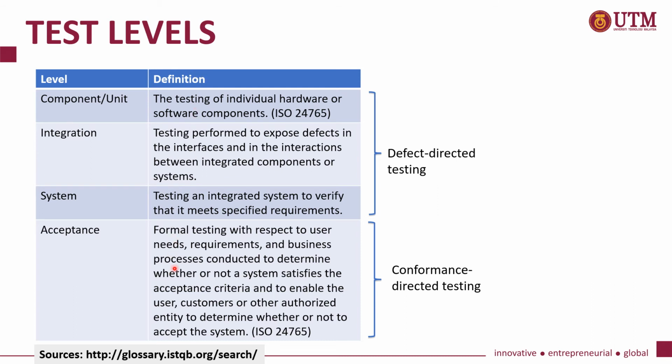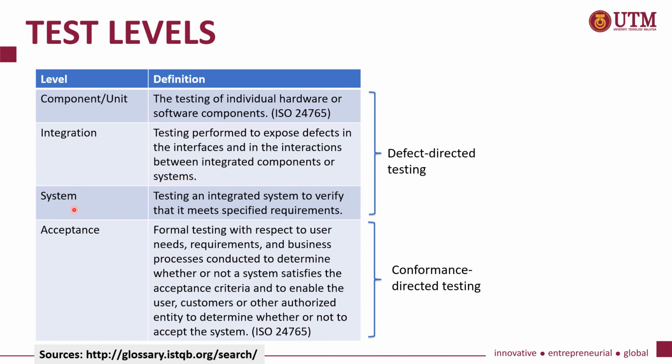And in this slide, there is a definition of each of the testing. For example, the component or unit testing is the testing of individual hardware or software components. The integration testing is concerned with testing the interfaces and the interaction between the integrated components or systems.